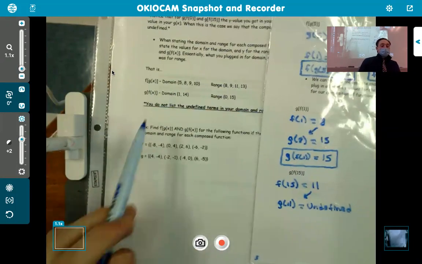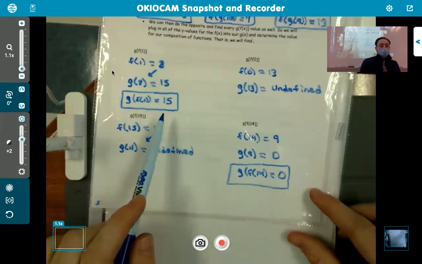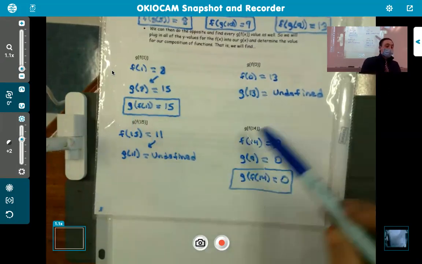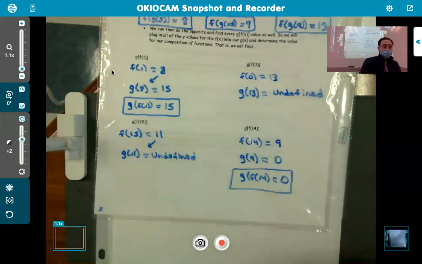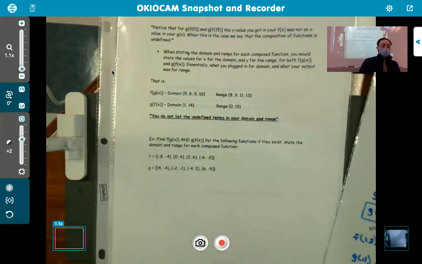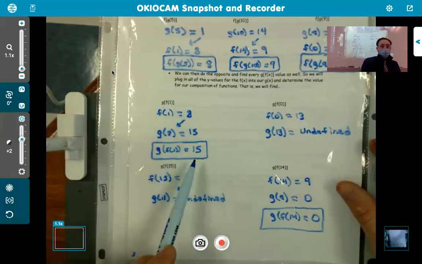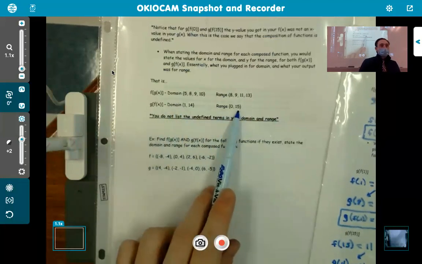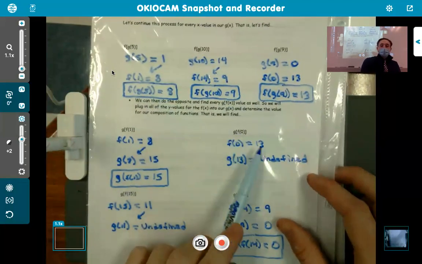When I'm listing the domain and range for my g of f of x, the last example that we just did, you're only going to put in values that gave you an output. Whenever you have an undefined, you don't list the x's in your domain, you don't list the y's in your range. Notice that when I plugged in 1, I got 15. So 1 and 15 should end up in my domain and range, respectively. But when I plugged in 0, I got undefined.